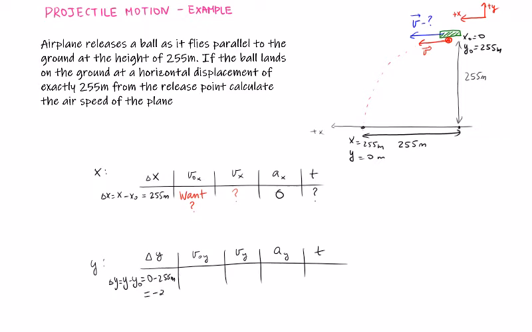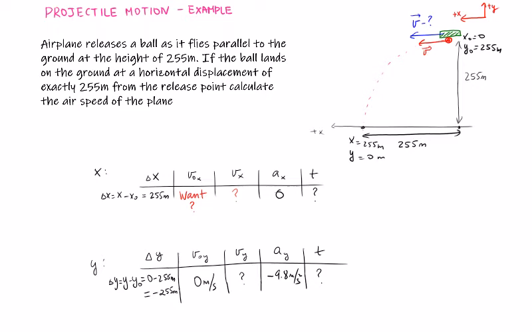That is negative 255 meters. And for v naught y, we know that this is 0 meters per second. That's a good sign. We don't know the Vy, and we know ay equals negative 9.8 meters per second squared. And then we don't know the time.